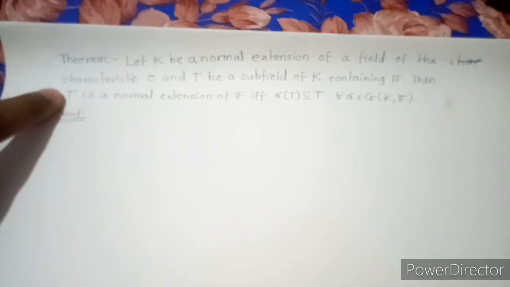The strategy is to show that T is a splitting field of some polynomial P of X over the field F. Once we have it, we can use the last theorem, which says that if T is a splitting field of some polynomial P of X over F, then it has to be a normal extension. So let us start with the proof.